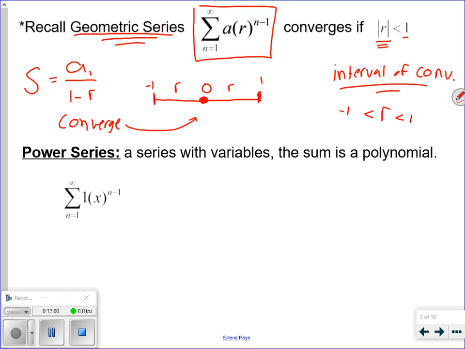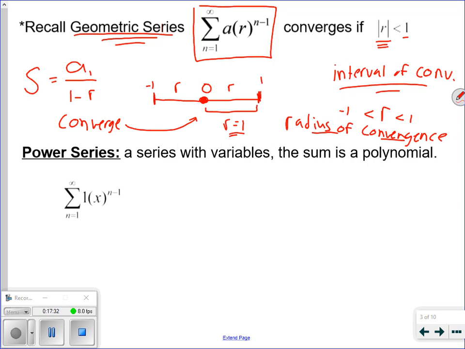And we can also have what's called a radius of convergence. It is how far out we can go from our center. In this case, that radius of convergence is r equals 1. The radius we can go out, as far as we can go out from our center here, is 1. So my range of values for r that make it converge are between negative 1 and 1. So the radius of convergence is called 1.